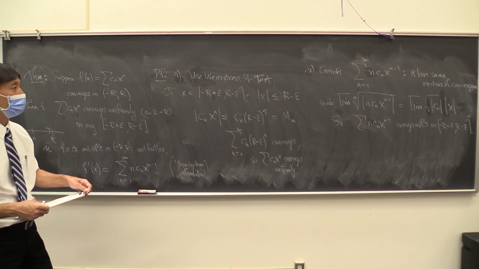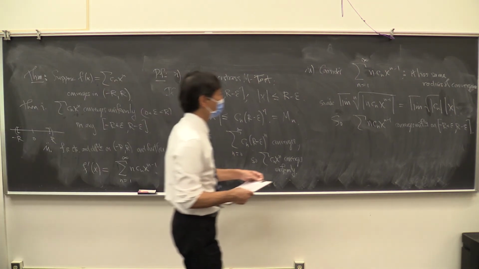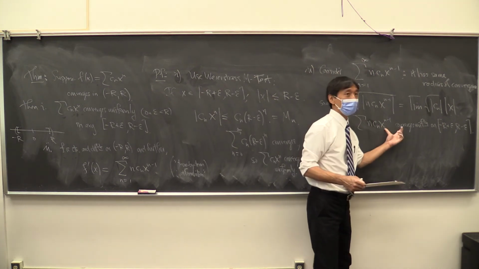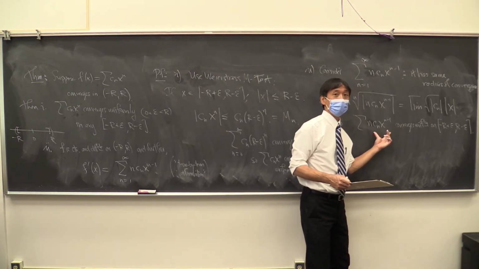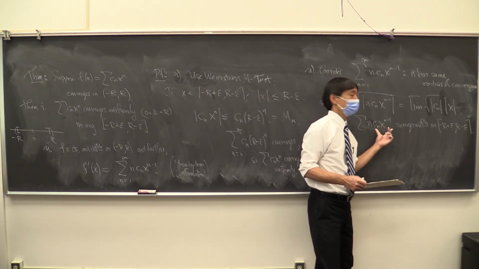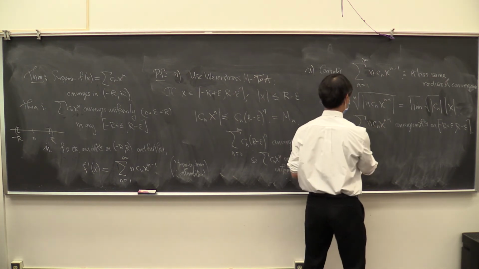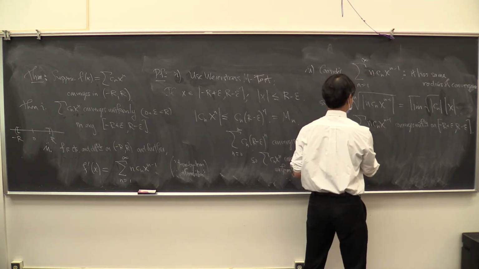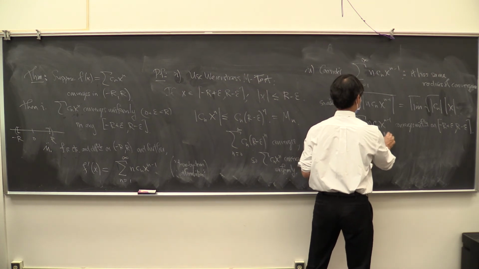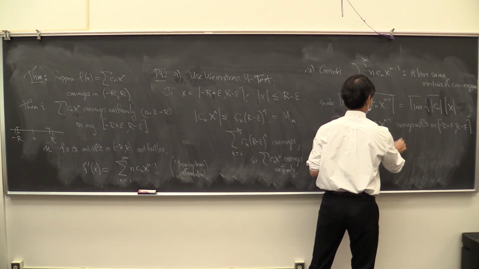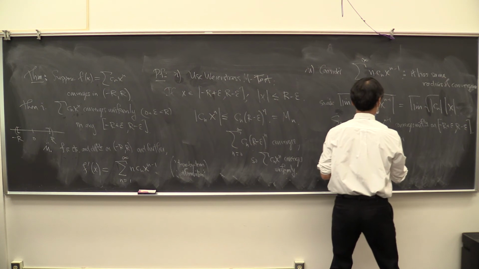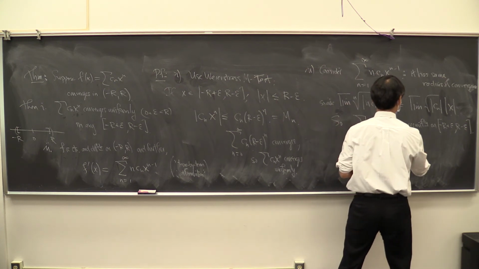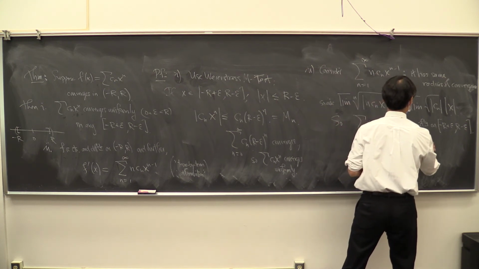Now remember we had this. What that means, of course, is that the sequence of partial sums converges uniformly. The sequence of partial sums, we call them sigma sub capital N, the summation from n equals 1 to capital N. This thing converges uniformly.